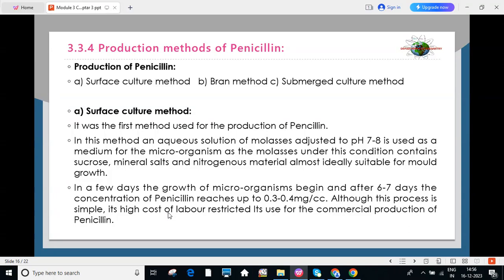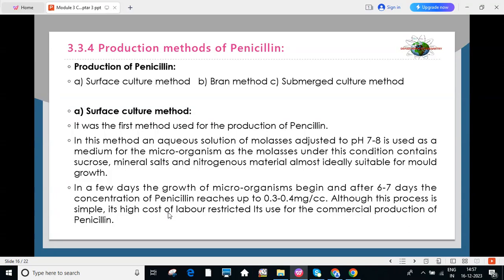The surface culture method was the first method used for the production of penicillin. In this method, an aqueous solution of molasses adjusted to pH 7 to 8 is used as a medium for the microorganism, as molasses under this condition contains sucrose, mineral salts and nitrogenous material almost ideally suitable for mold growth.